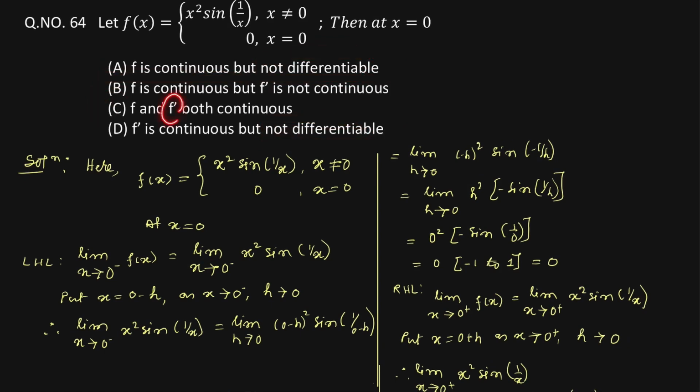For that we have to find f dash x and check the continuity of the function. So f of x, which is given, is x square sine 1 by x. Now for finding f dash x, we use the product rule, that is x square d/dx of sine 1 by x plus sine 1 by x d/dx of x square.